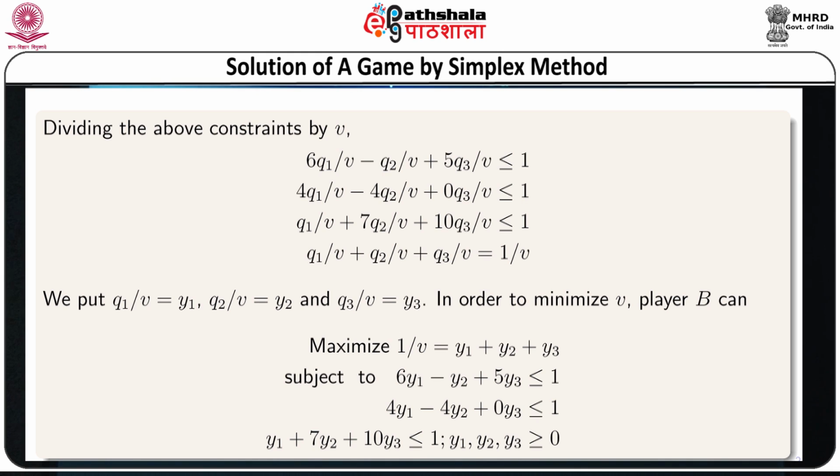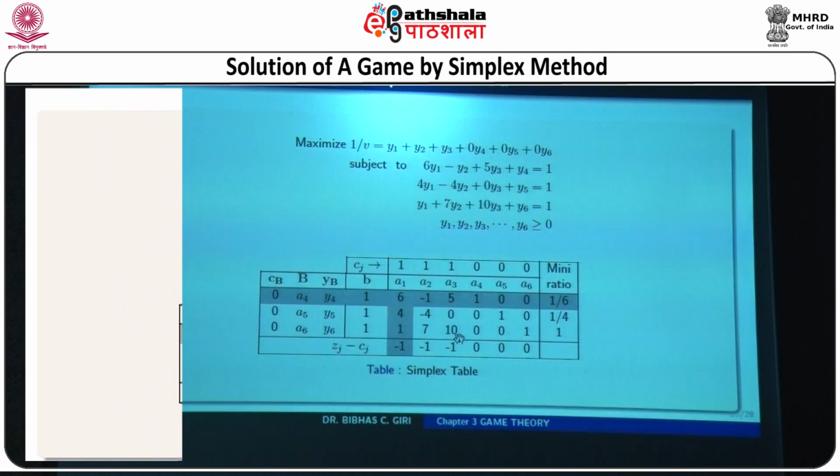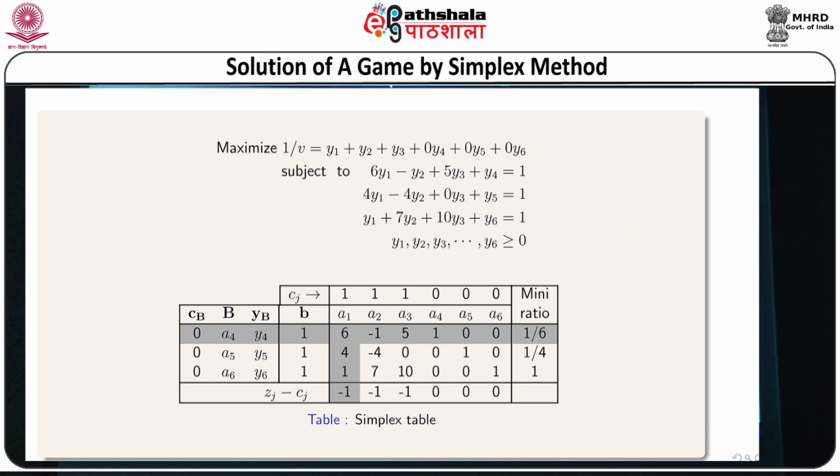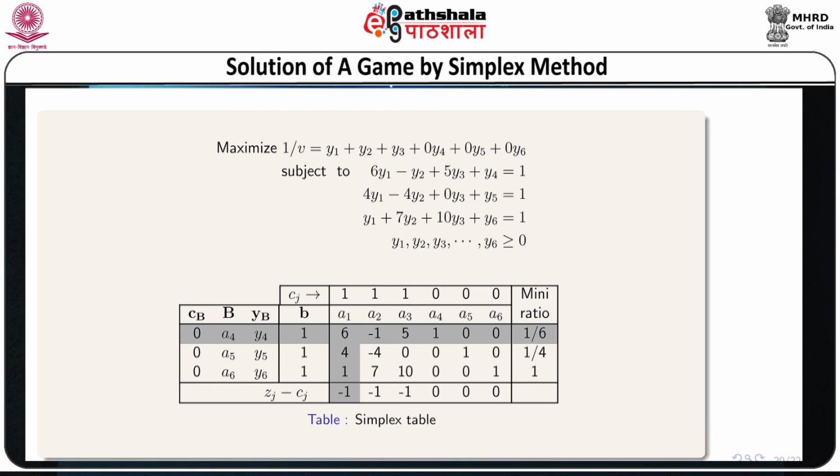Since the problem from the point of view of player B is a maximization type problem, it is easier to solve by the simplex method. For fitting this problem into the simplex table, we introduce 3 slack variables y4, y5 and y6, and then the problem can be reduced to standard form as shown in the slide.